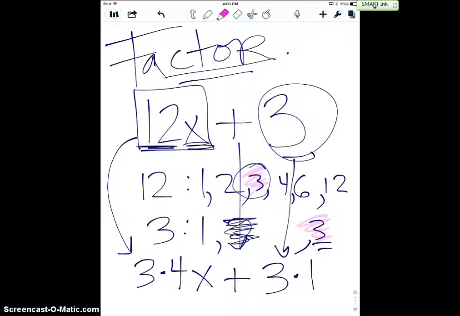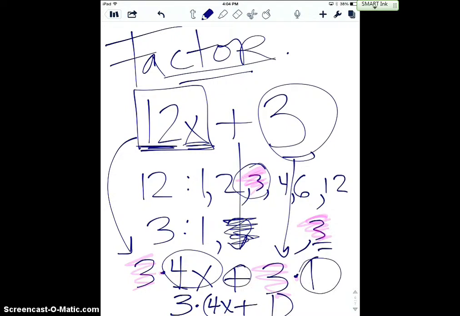Okay, so now as you notice, those 3's happen twice, multiplied twice. So I'm going to end up with 3 of 2 things. And what are those 2 things? 4x, because I found 3 of 4x, and the plus, and I found 3 of 1.